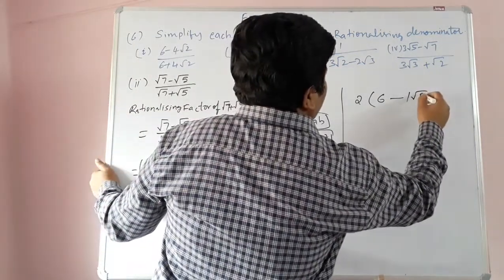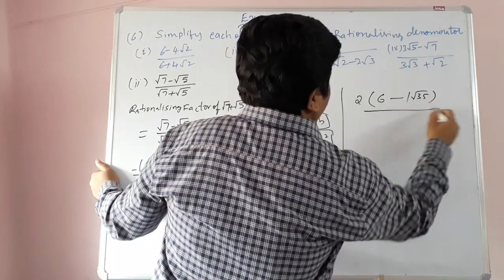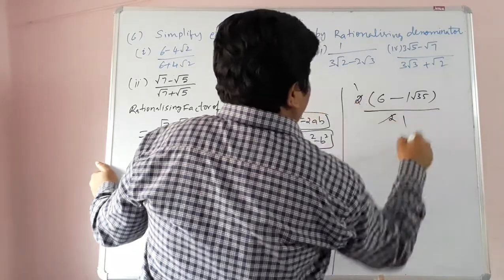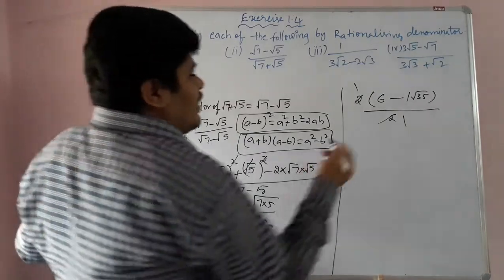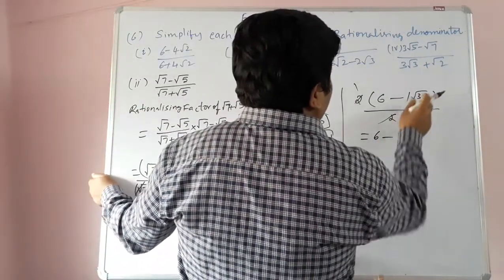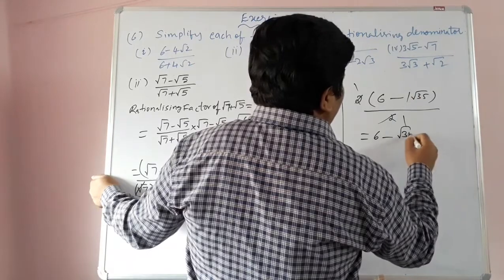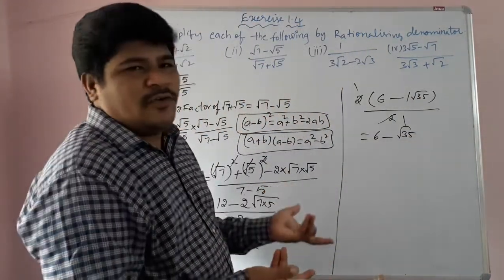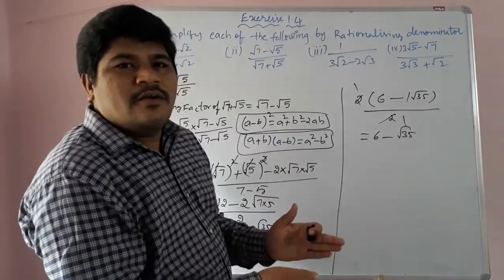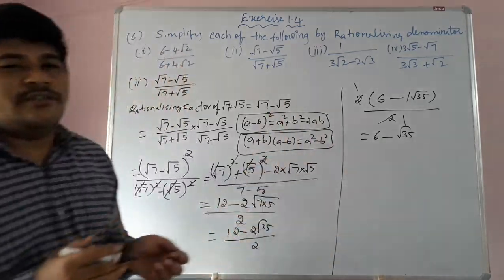So 6 minus 1 root 35 by 2. The 2s are the same, cancel. Now children, the denominator is rationalized, it became 1, and what is the final answer? 6 minus 1 root 35 can be written as 6 minus root 35. Suppose there is 1 banana, we will just say banana. No need to mention 1. Okay, so in this way we will solve it, students.